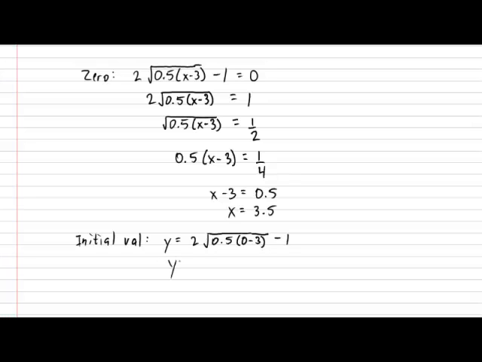When we simplify, we get y is equal to 2 times the square root of negative 1.5, minus 1. Aha! Here's something interesting. We have the square root of a negative number, which is not allowed. So our operation cannot be finished, and that means that there is no initial value.